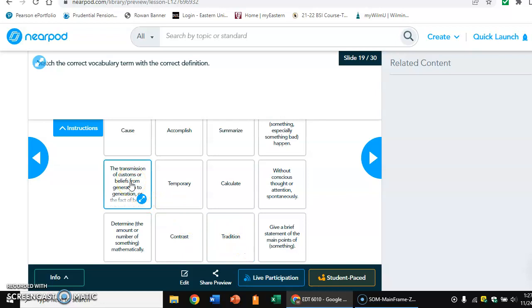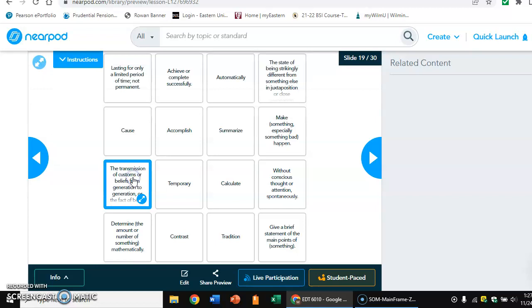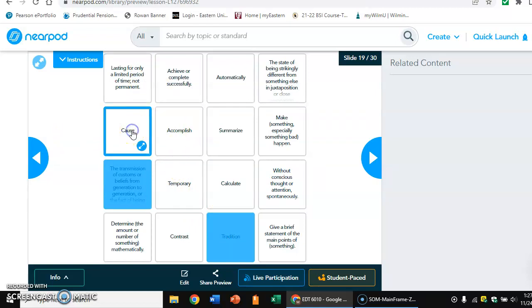Now, to match the words, boys and girls, all you simply have to do is click the definition and the vocabulary word that goes with it, and it'll light up blue just like this. Now, you'll know you'll get the answer wrong if you click the vocabulary word and you go to the incorrect definition.